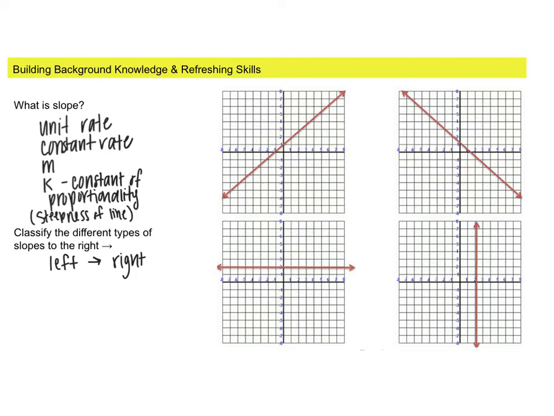So what you're always going to do is identify a point on the graph somewhere on the left, and then find a second point that is somewhere on the right. And you want to make sure that your point is directly on crosshairs, and that means directly where those two lines overlap.